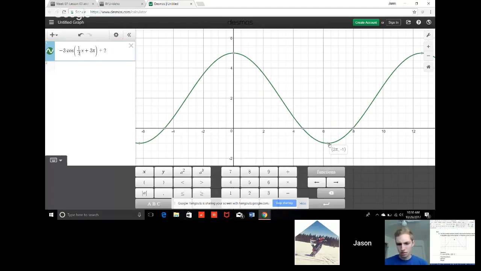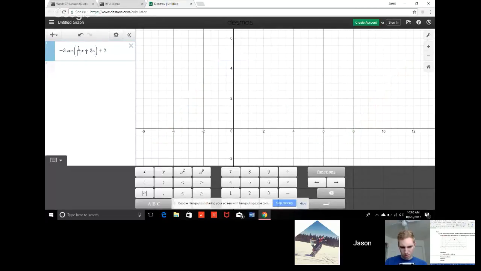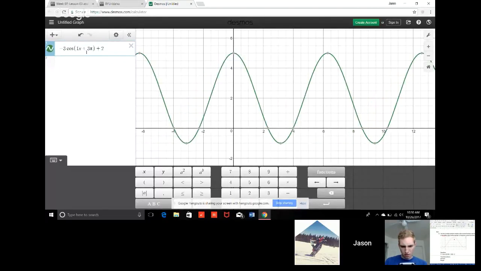No. We had it closer before, like of the graph that we're supposed to do. The y-intercept is like skimming 0.